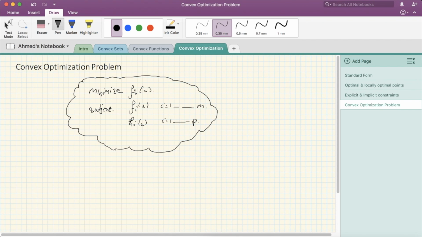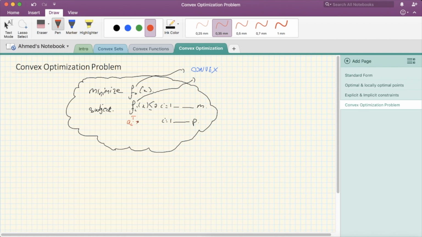So a convex optimization problem is an optimization problem where your f's, or in other words, the cost and inequality constraints, are convex. That's one. And two, your equality constraints, they should be affine functions.